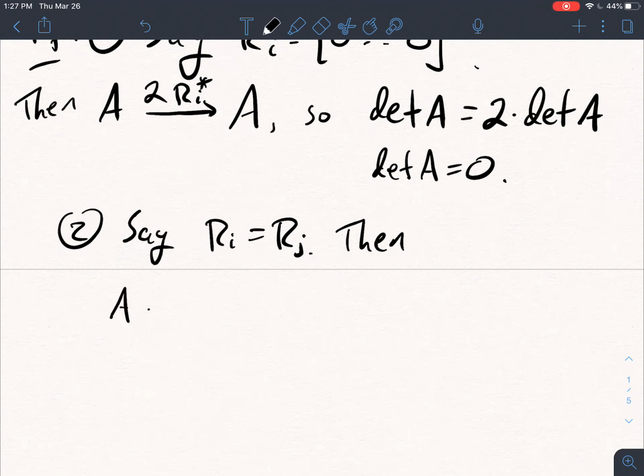Then let's row reduce A by adding negative row i to row j and replacing. What'll that end up doing? Well, if I add negative row i to row j, since these two rows are equal, then my new row j will have a row of zeros.